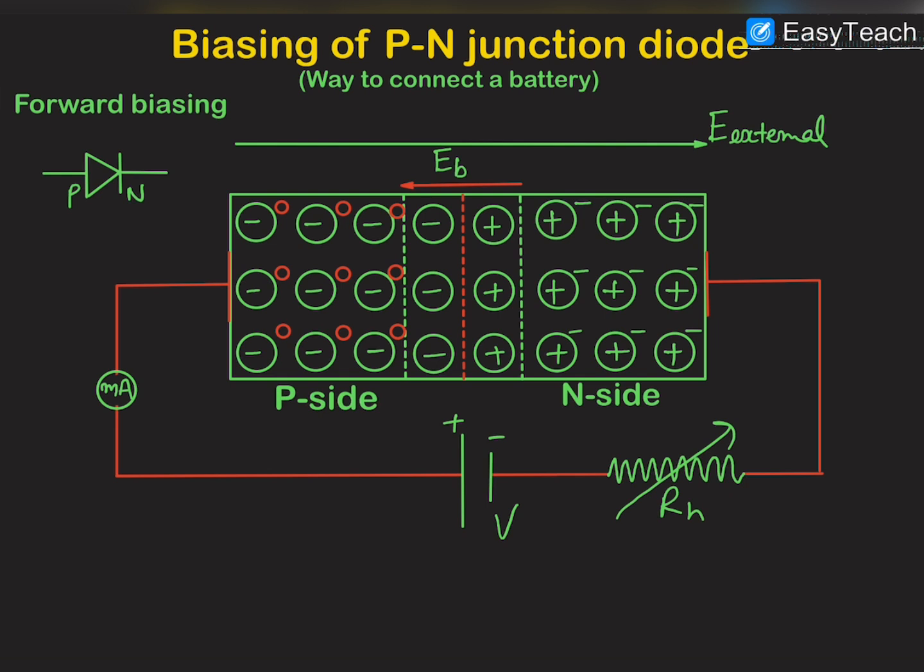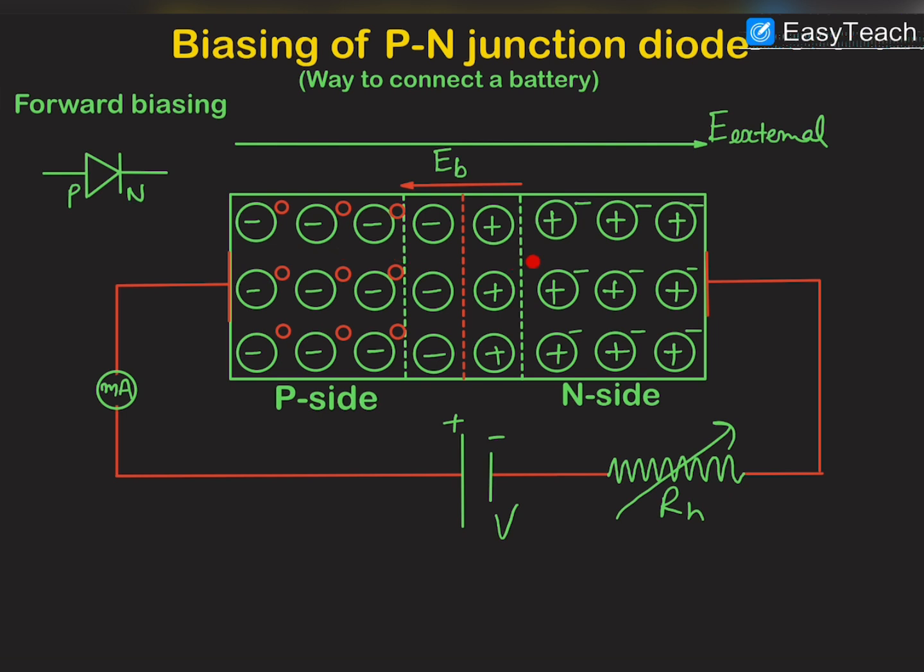Now, if the external electric field is opposing the barrier electric field, then we can say that the external electric field is supporting the diffusion current and opposing the drift current. And we know that diffusion current is due to the majority charge carriers. So you can say that this external electric field pushes these holes towards the junction, and these electrons towards the junction.